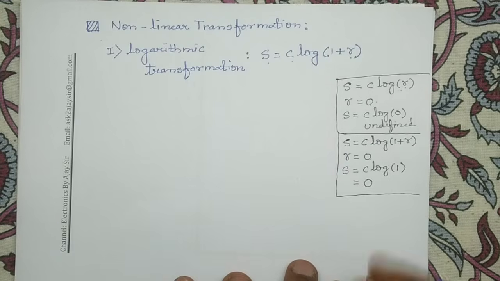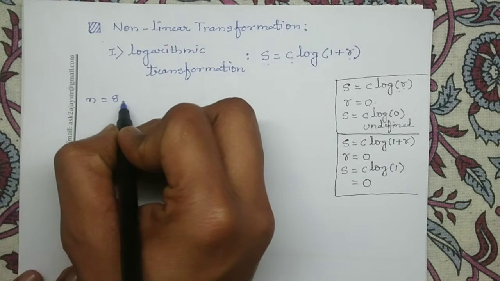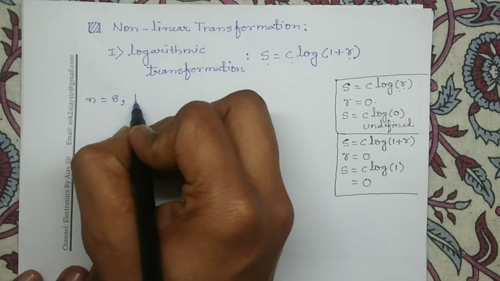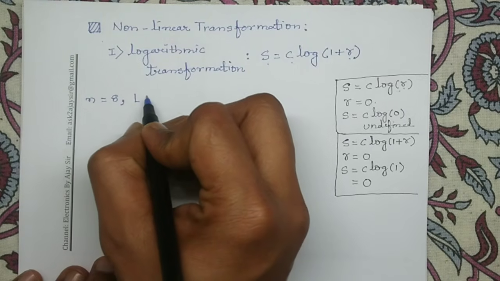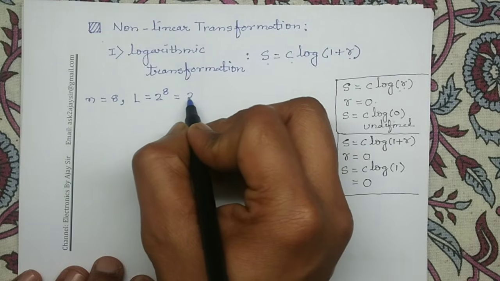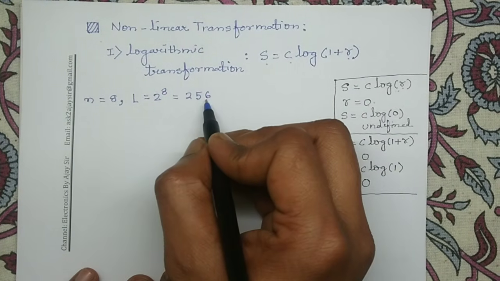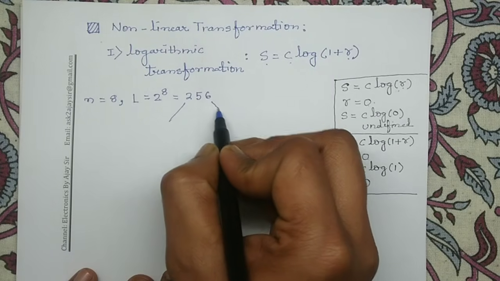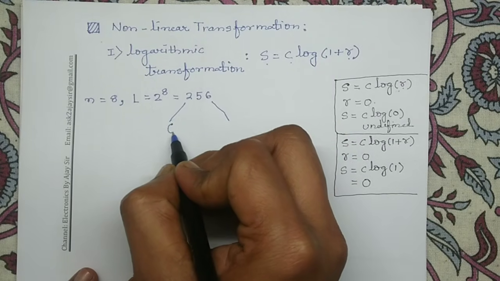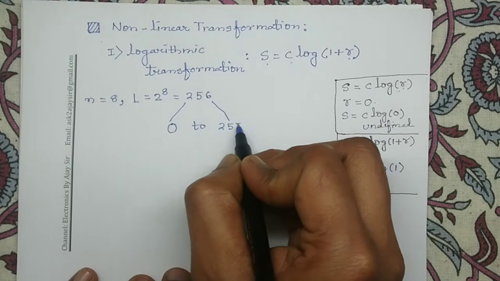For an 8-bit digital input image, n is equal to 8. Total number of gray levels, that is L equals 2 to the power 8, which is 256. Their representation starts with the gray level 0 to the maximum gray level, that is 255.